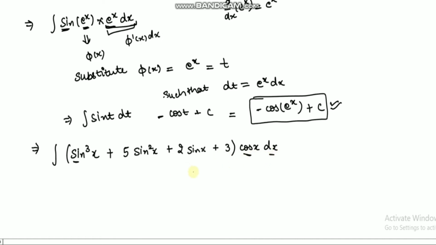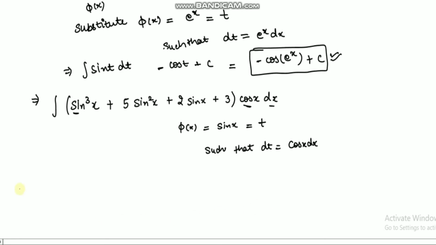So simply substitute phi of x equal to sine of x equal to t, such that our dt becomes cos of x dx.